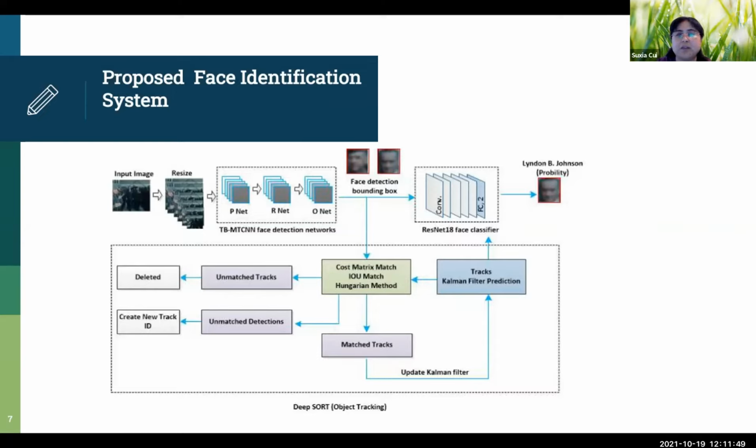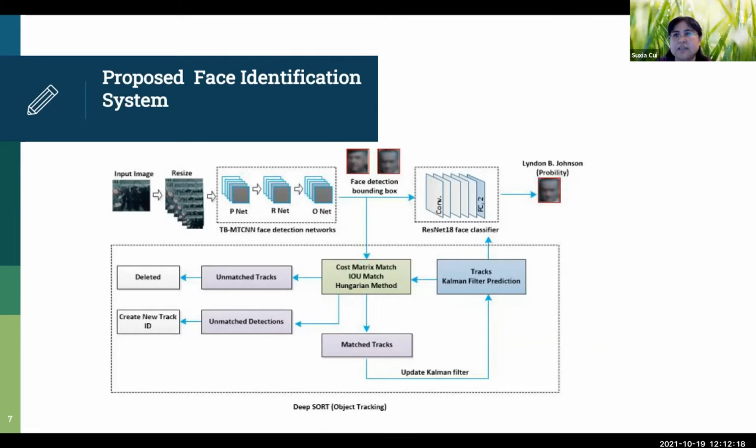the face bounding box. Simple online and real-time tracking with deep data association, also called Deep SORT, is used as an object tracking method, which integrates the Kalman filter and the intersection over union, IOU, distance algorithm, also combined with the concurrent data association algorithm.